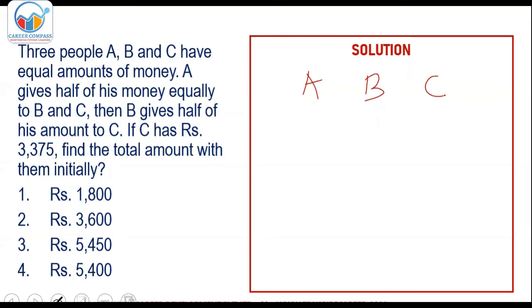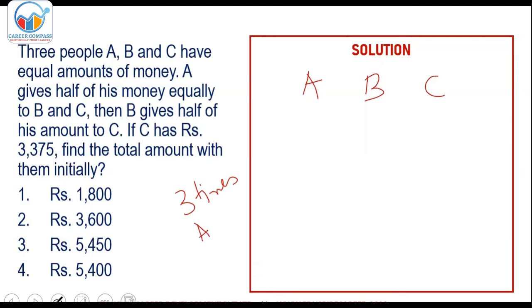For example, half of A is going to B and C. So half of the amount is being again halved among two persons. And after that B is also giving half of his amount to C. So basically we see that some amount is being halved three times.